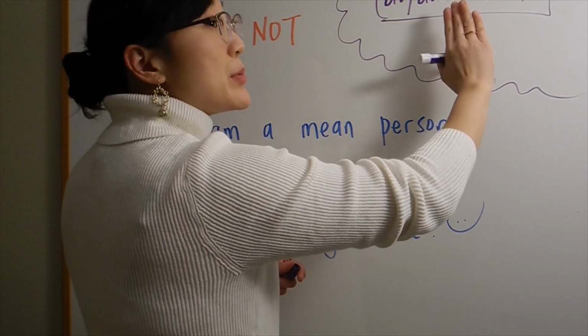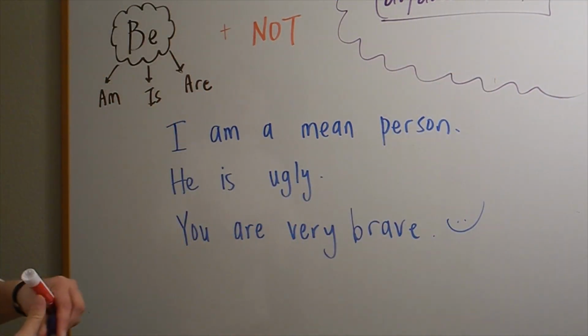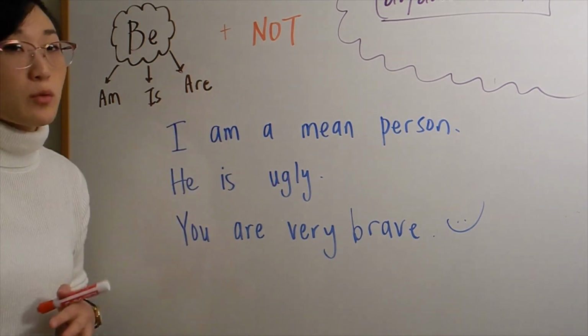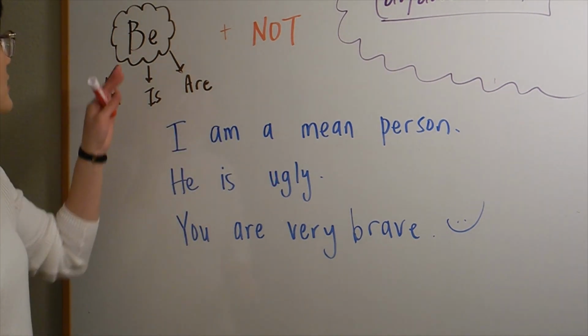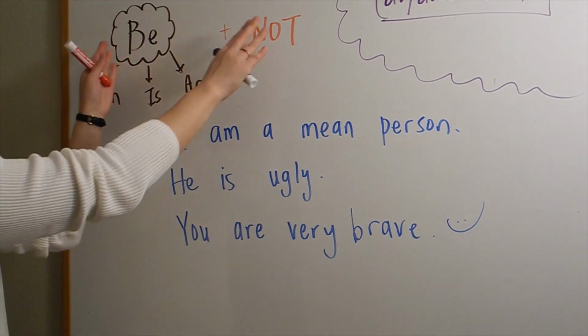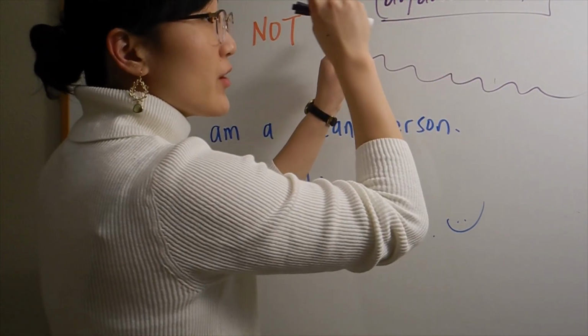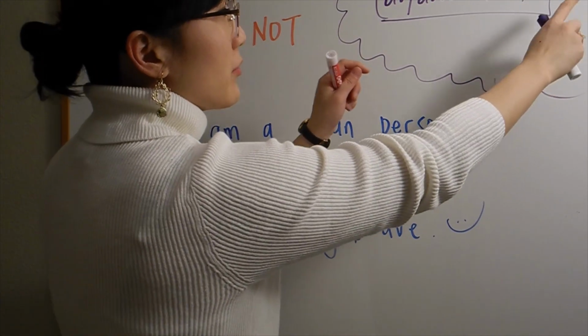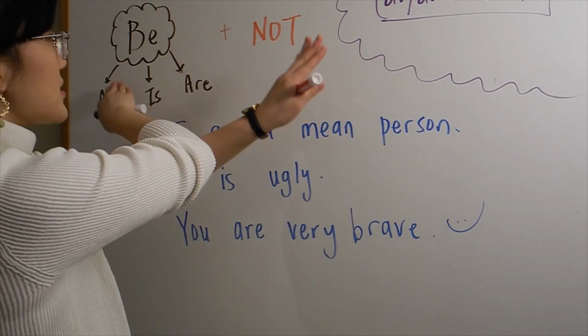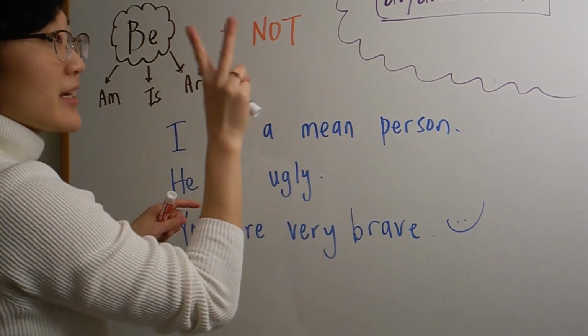The negative goes before the verb. The be verb follows a different rule. It's special because we have the be verb and then the negative goes after. See, here the negative is first, then we have the verb, right? But here it's opposite. The negative is second.